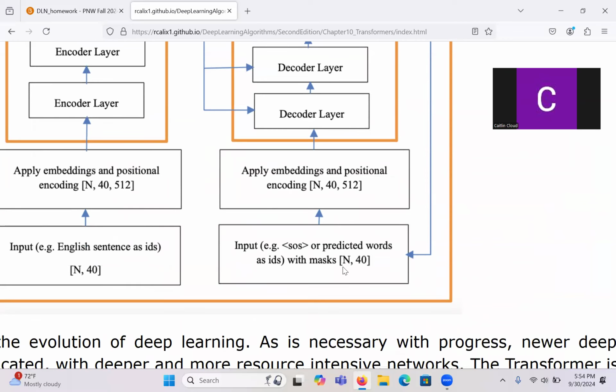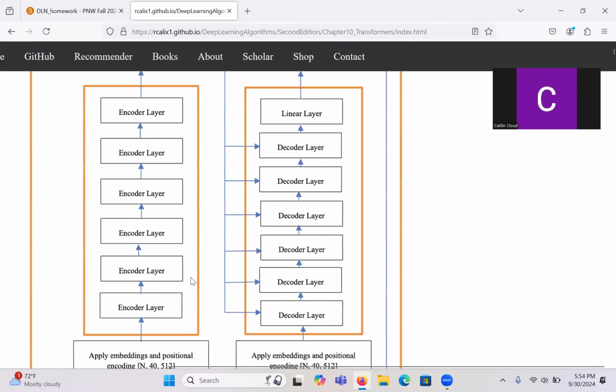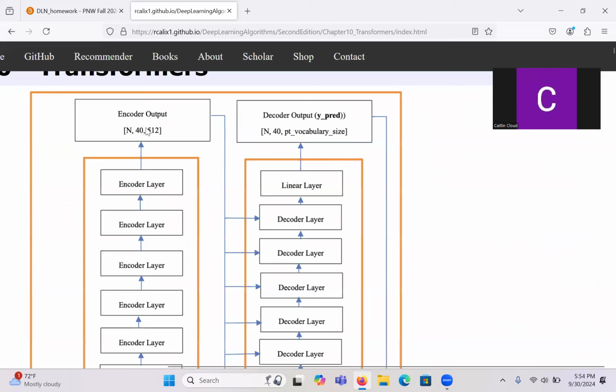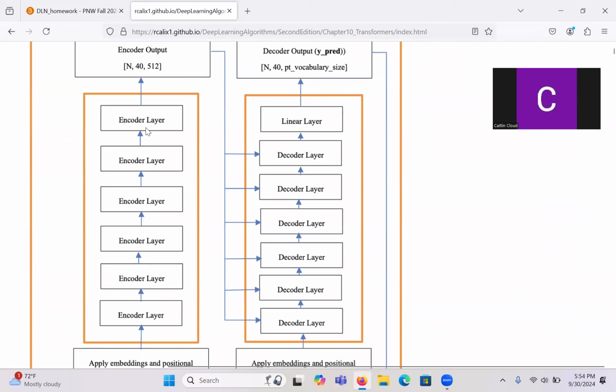All right, so that is the GPT part, which is actually what we're going to focus on. Here, the output of the encoder, as I said, is n by 40 by 512. That's called the encoder part.